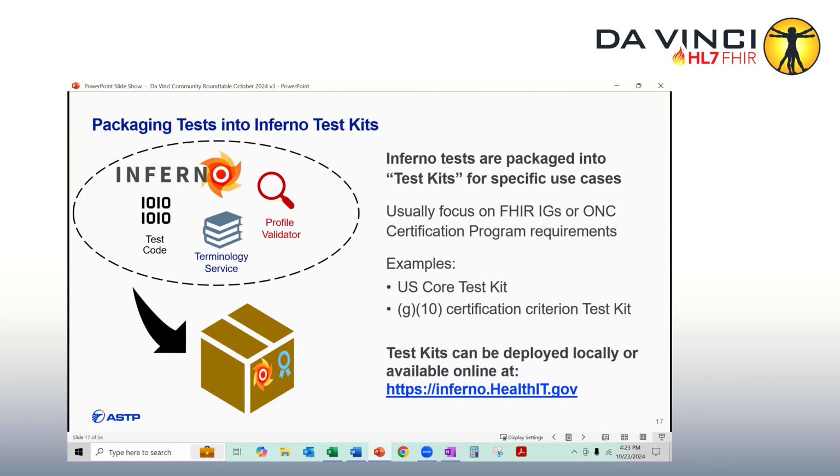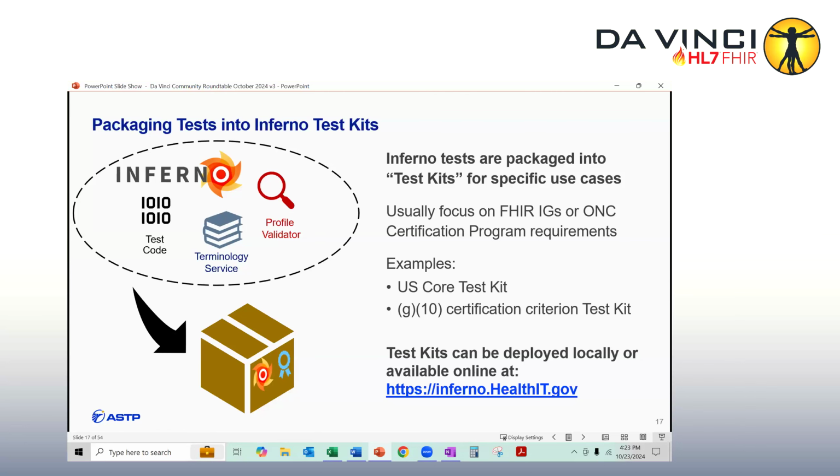use case. So, for example, consider the test kit used for the ONC certification program for the G10 criterion. That test kit involves profile validation, terminology validation services alongside other API tests as part of testing that single patient and multi-patient API that's required by that criterion.